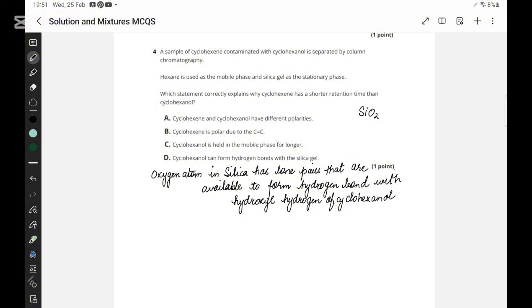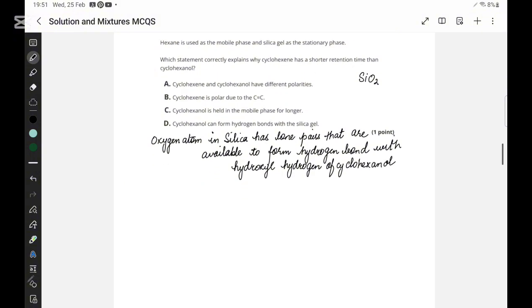So what happens? There is going to be a stronger attraction for the cyclohexanol with silica, SiO2.